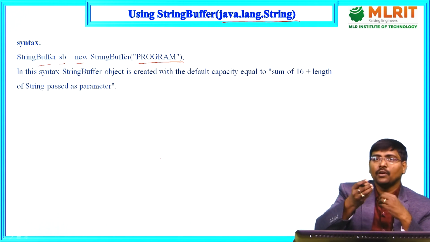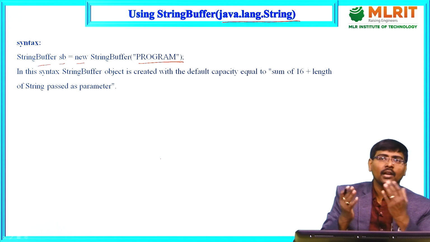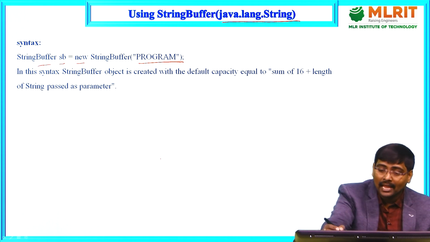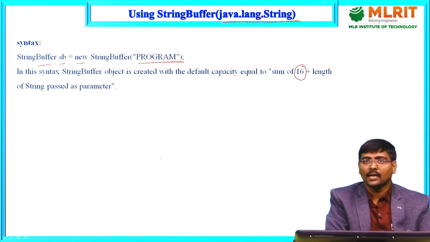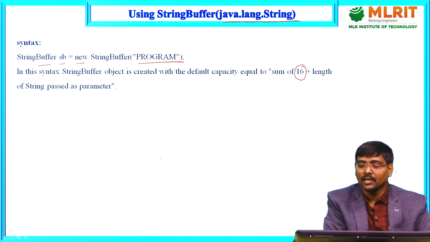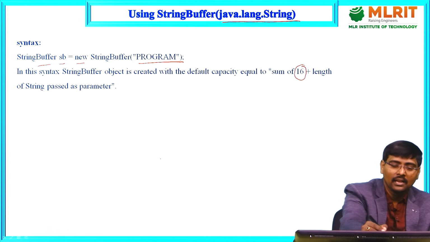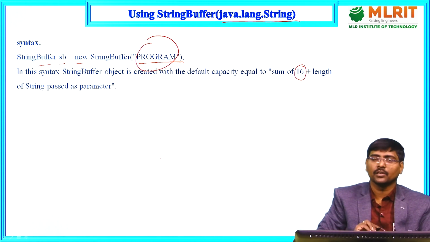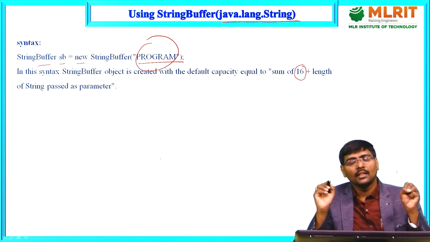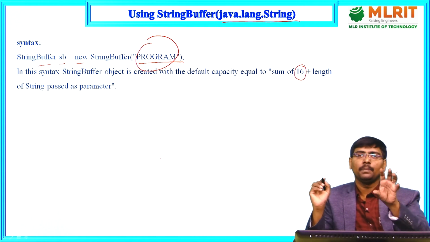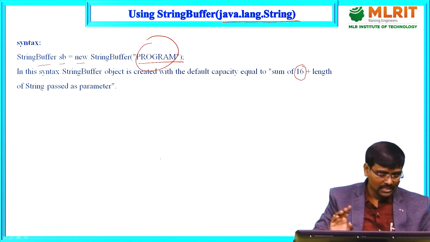Within that buffer, program is added. Now what is the capacity? Capacity is the default capacity plus the length of the string. Suppose the default capacity is 16. Assume the length of the string is 8. 16 plus 8, 24 is the capacity.